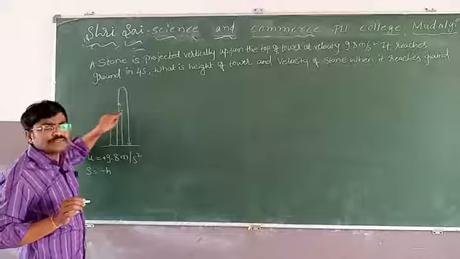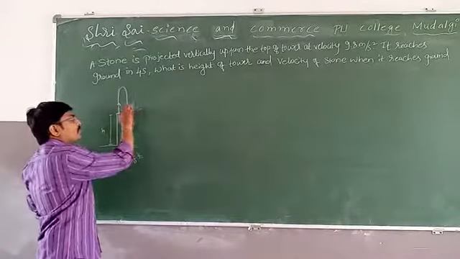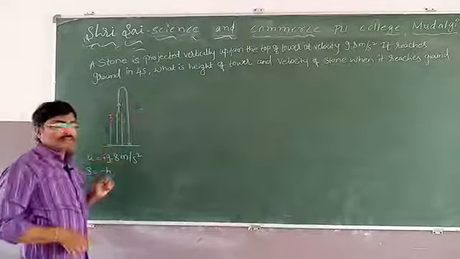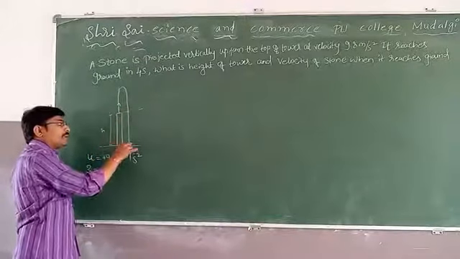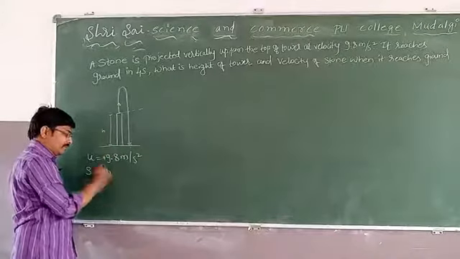It means its displacement is zero. Up to here the displacement is zero. Then it will move in a negative direction, or a downward direction. Therefore I take it as negative. Negative means how much its height, h. Height is considered minus h, therefore minus h.